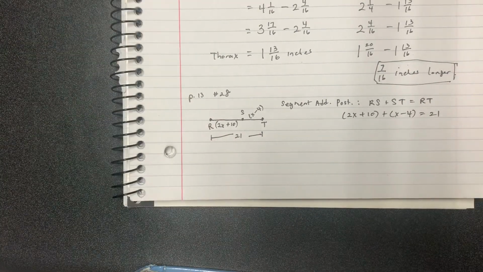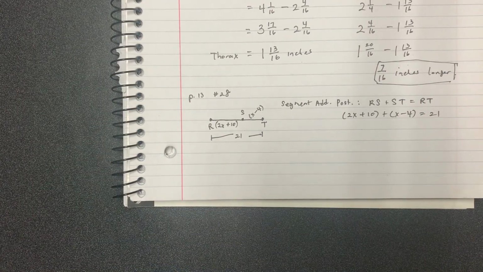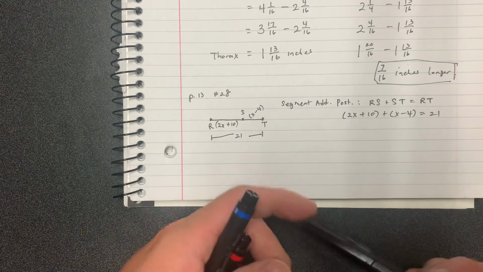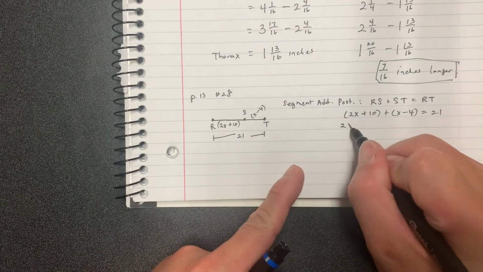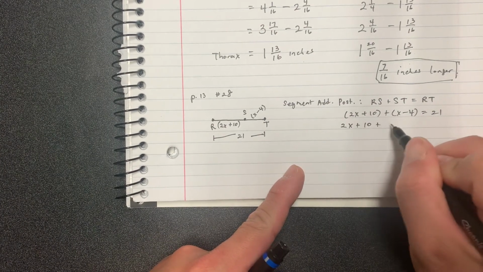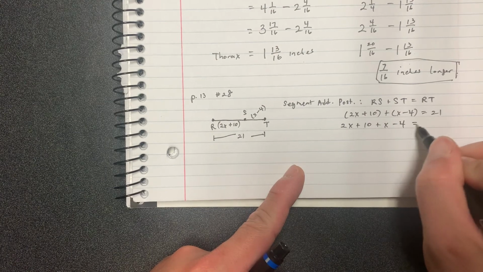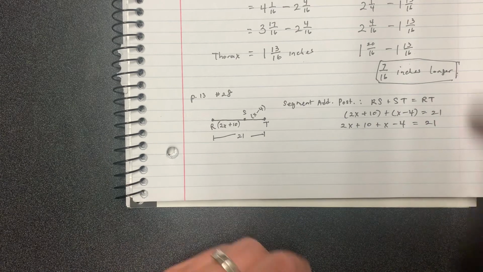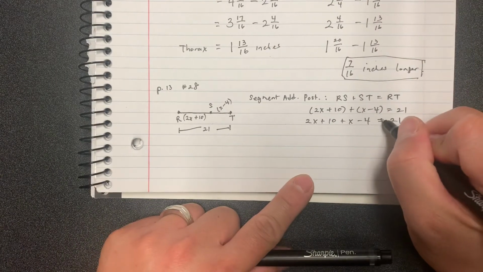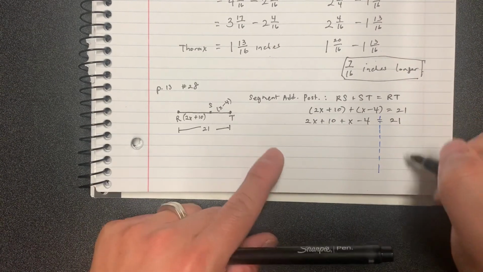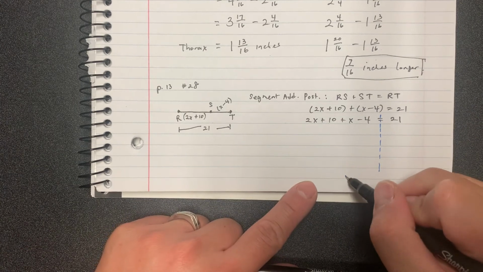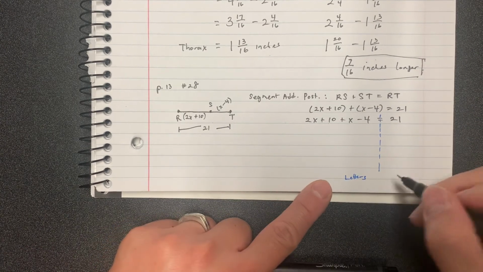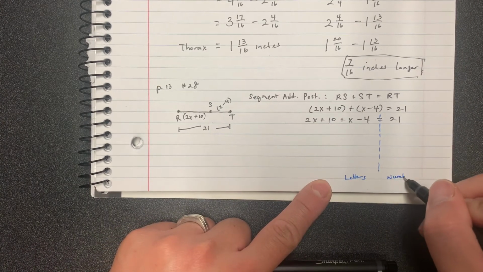And then we combine like terms. So first we can get rid of the parentheses because there's no negative symbol or anything to worry about. So plus x minus 4 equals 21. And then I want you to think about it like we're cleaning up a house with 2 rooms. So in one room, you put all the letters, the variables, and then in one room, you're gonna put all the numbers, right?